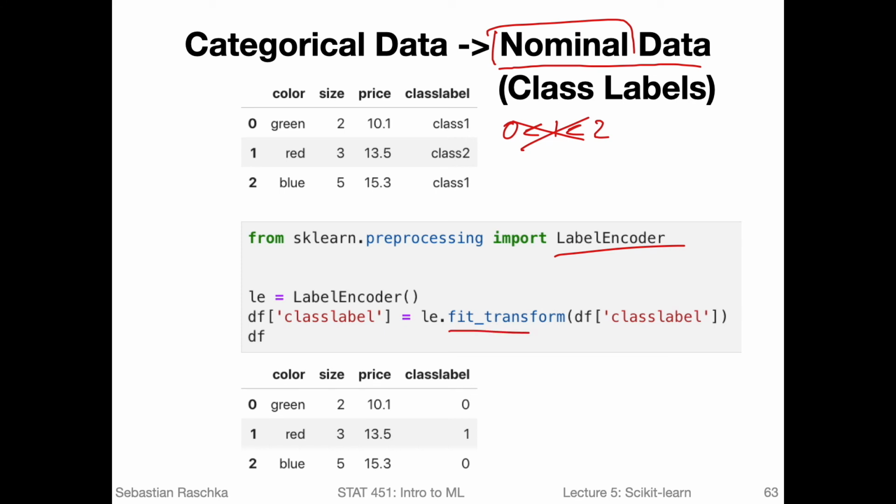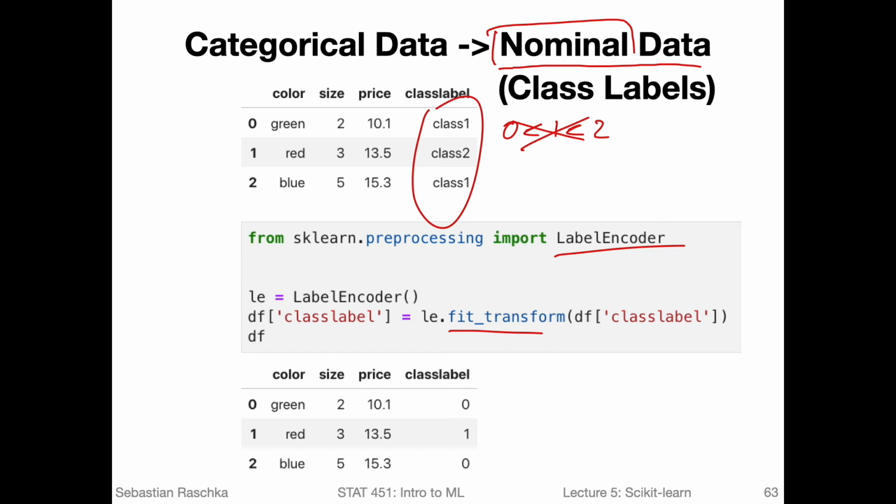So here, that is what I'm doing. I'm fitting and transforming the class label column. Fitting will just take a look at what values are present in this column, and then it will create its own dictionary where the order doesn't matter.